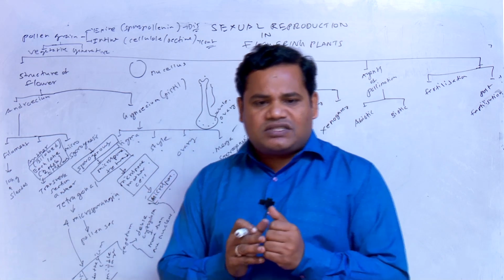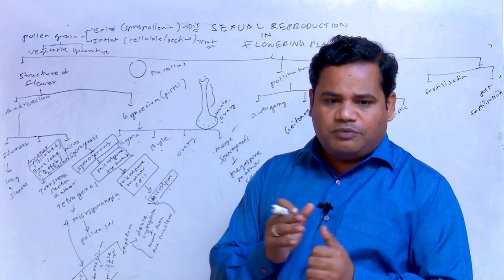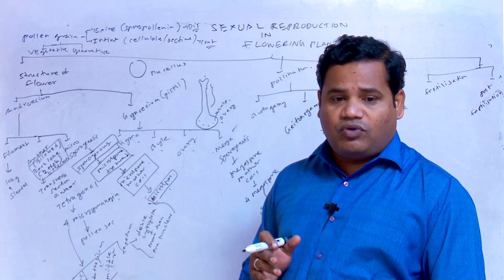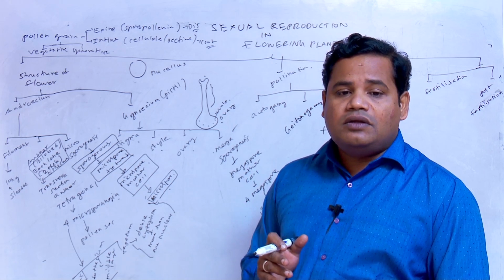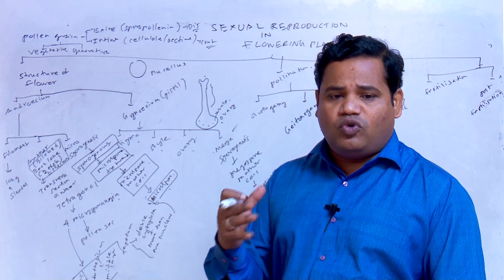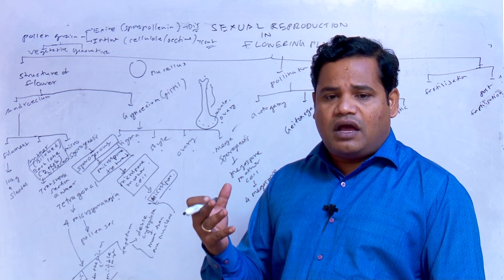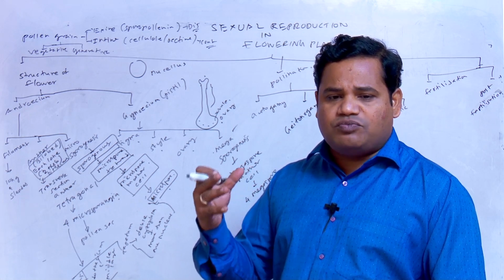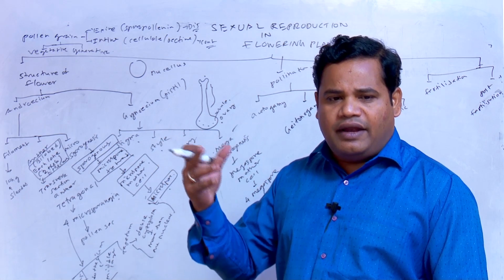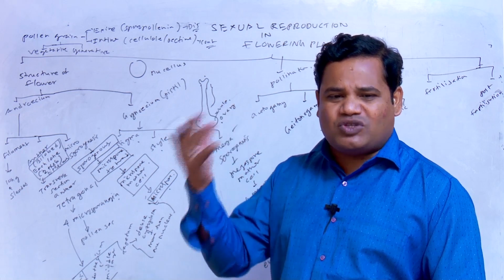We have to explain very clearly how the embryo sac forms from the nucleus of the functional megaspore. The nucleus of the functional megaspore divides mitotically to give 2 nuclei, which move to opposite poles, forming a 2 nucleate embryo sac.